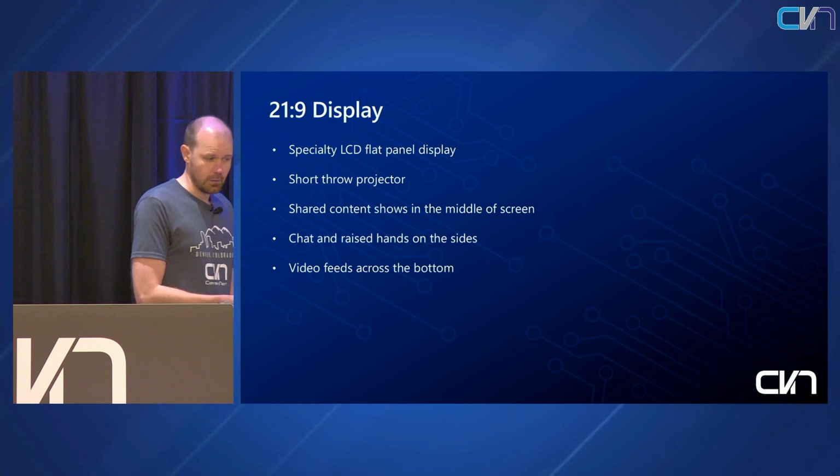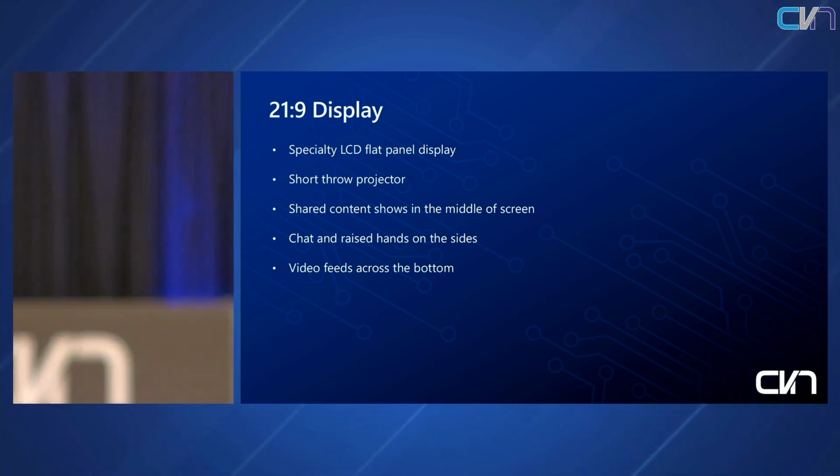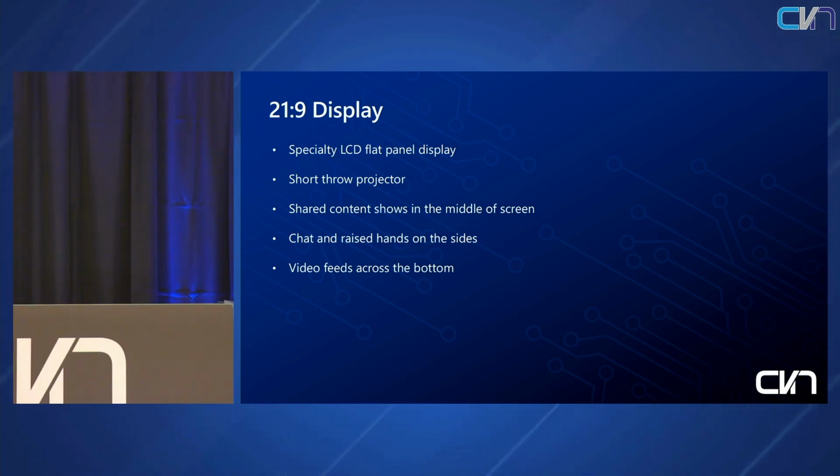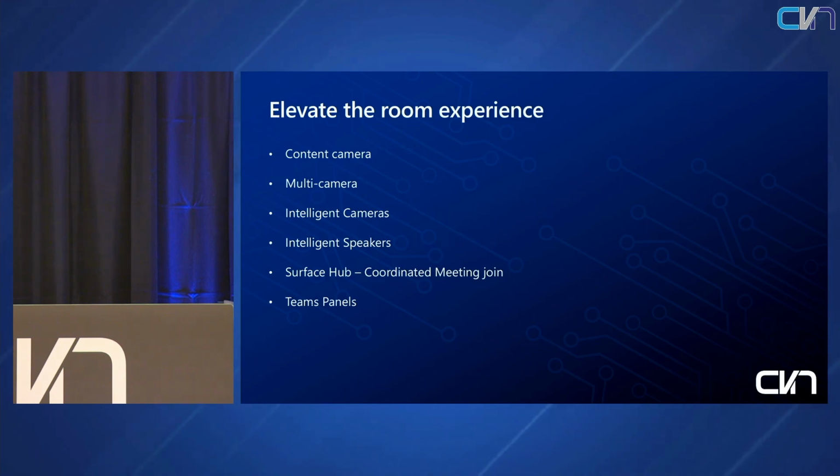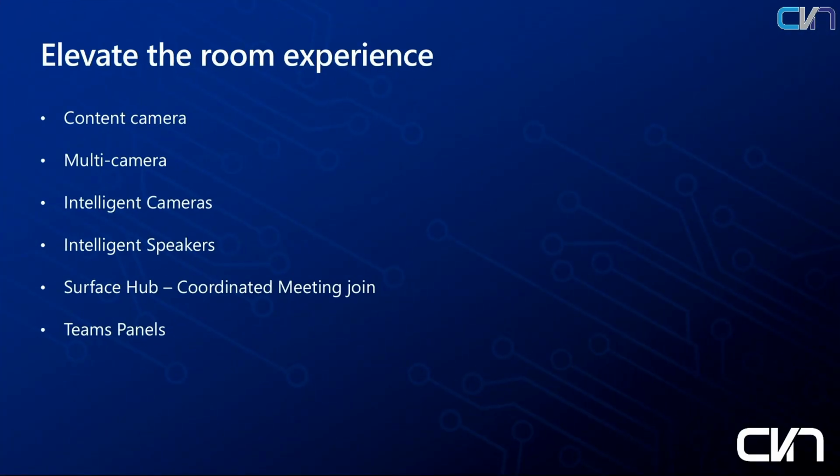So we've talked about existing rooms and the basic components, and also of new rooms. Well, what do we need to do if we want to elevate the room experience, right? Get the basics right first, solid foundation, then elevate the experience with things such as a content camera. Put a camera over the whiteboard inside the room to do virtual whiteboarding in a Teams room.